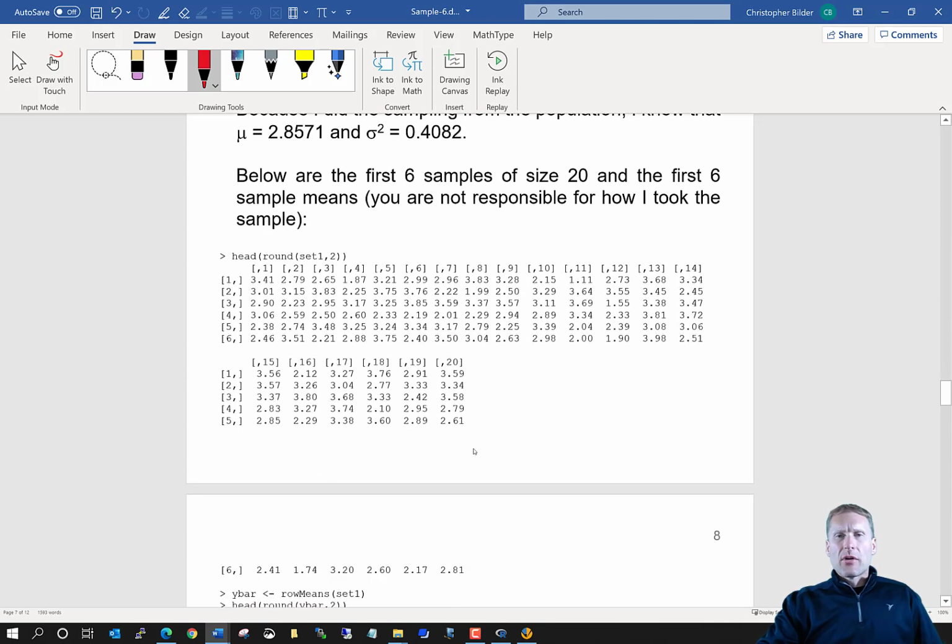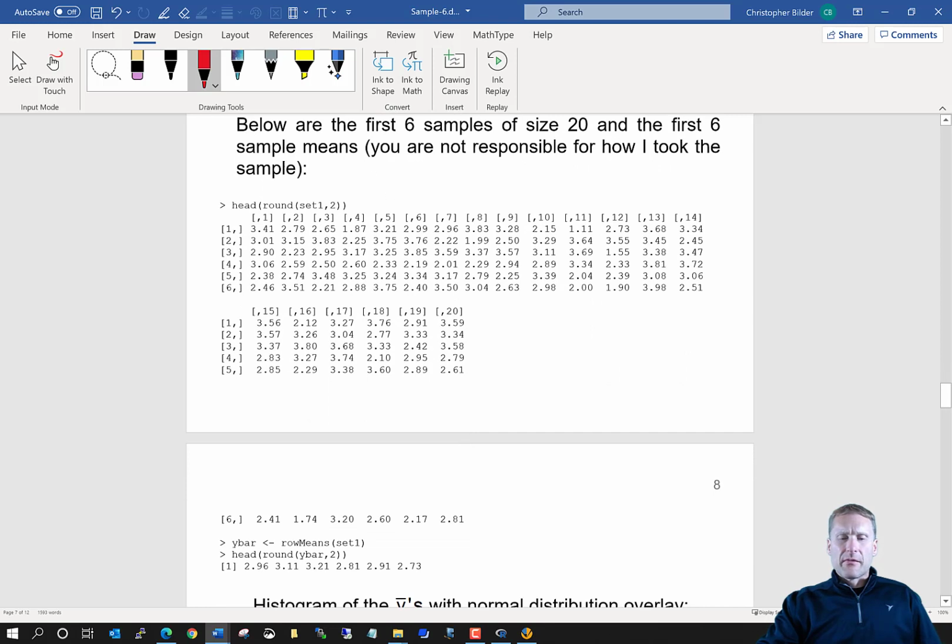In my program itself, I'm not going to go there. You can look at it on your own. I actually go through the sampling process of taking 1,000 samples. How I went about doing it for this particular problem, you're not responsible for. Instead, what you're responsible for is understanding the results from the sampling process being repeated 1,000 times. So here are the first 14 observations from the first sample.